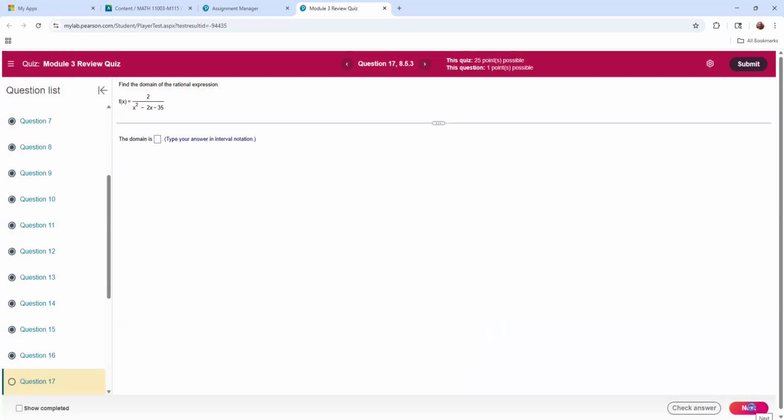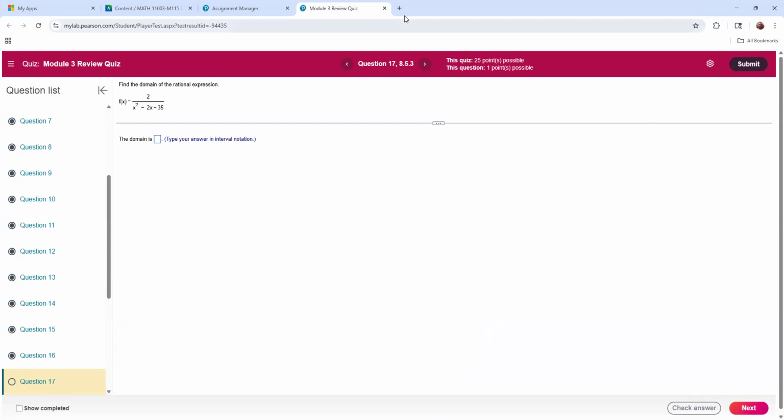So this one is a domain. F of x equals 2 over x squared minus 2x minus 35. And y'all, what's nice about this? They want the domain in interval notation.